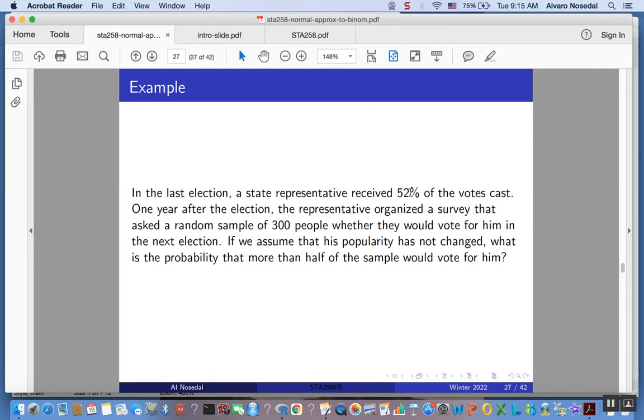We are going to solve this problem using 3 different approaches. One, we're going to be using our statistic Sn and its sampling distribution. Number 2, we're going to be using p hat and a normal approximation.